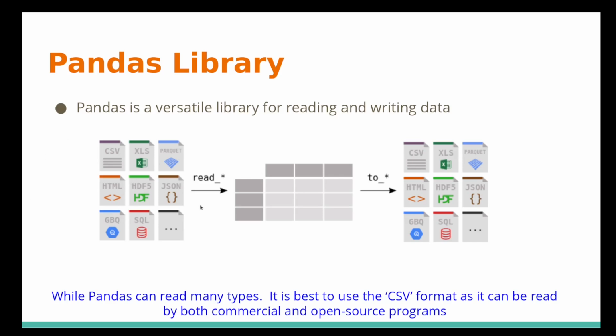So there are several types of data that you can read using the same generic command, read underscore, whatever the format is. And that creates a data frame that has rows and columns. Again, while Pandas can read many different data types, it is best to use the CSV format because CSV format is read by both commercial and open source programs.